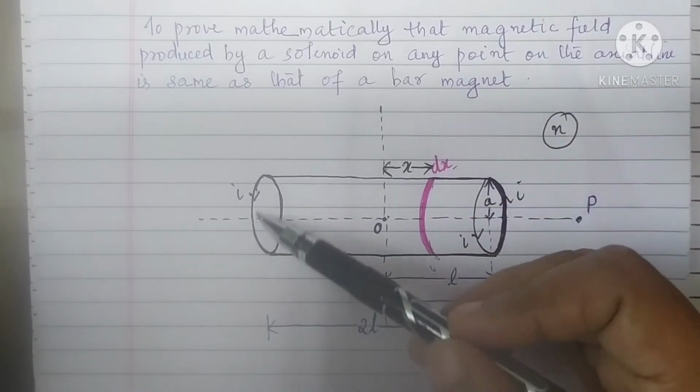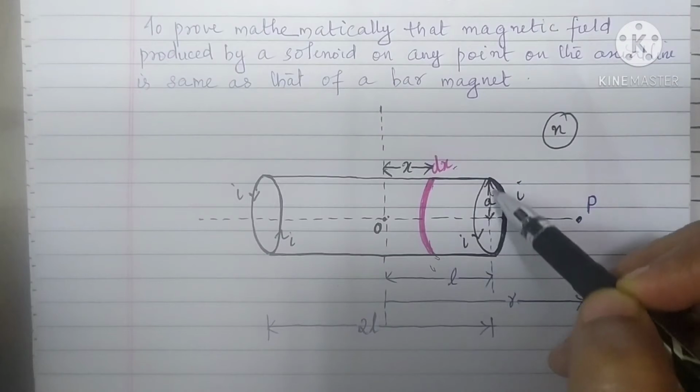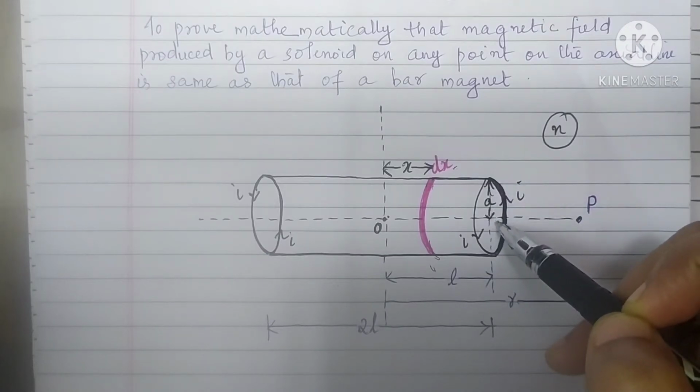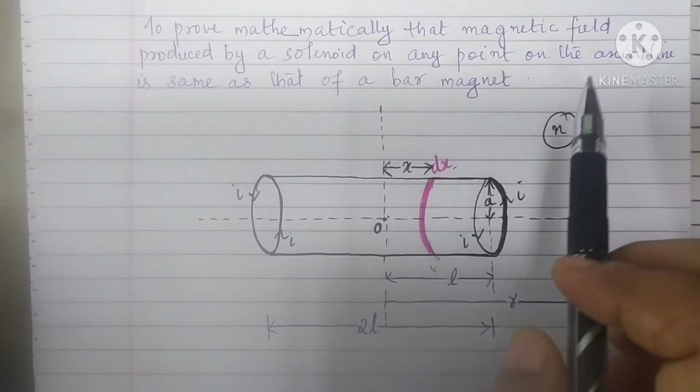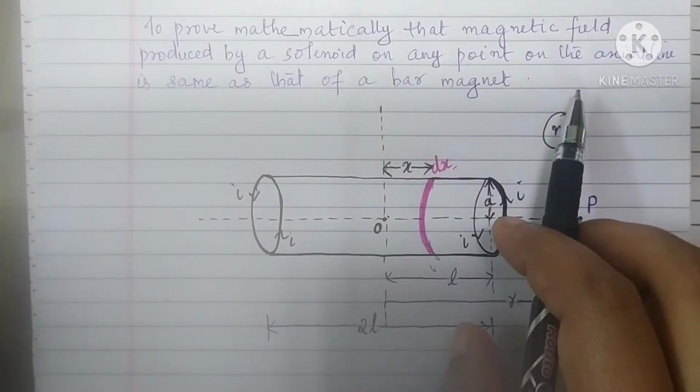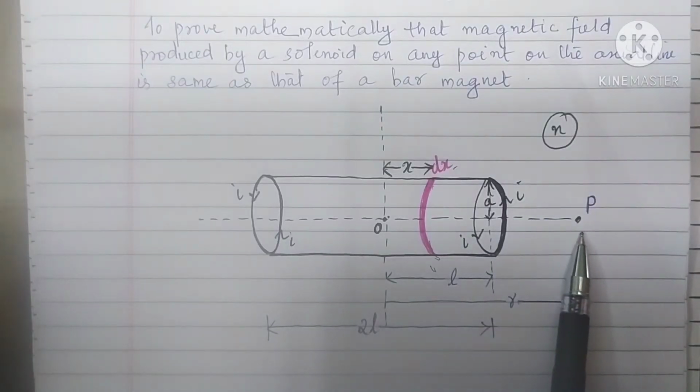Once again, I is the current passing through the solenoid, A is the radius of the solenoid, 2L is the length of the solenoid, n is the number of turns per unit length, and P is a point on the axial line, which is to be calculated. That is what we are going to calculate.